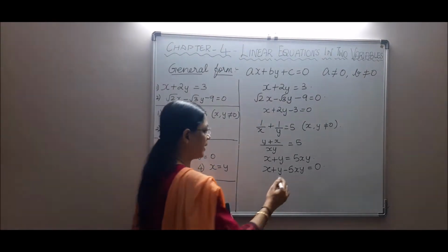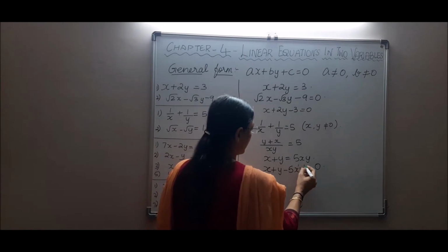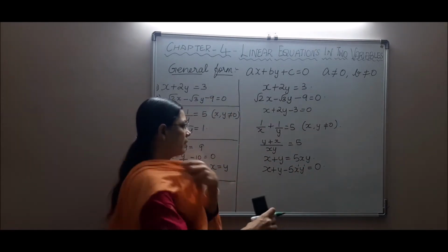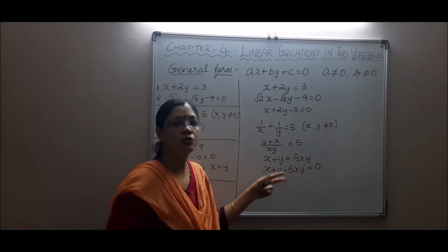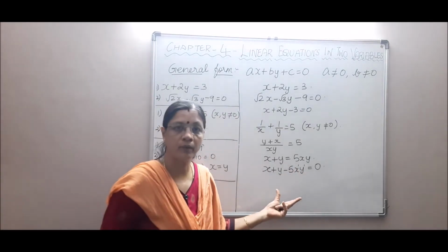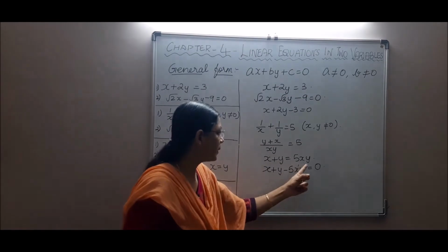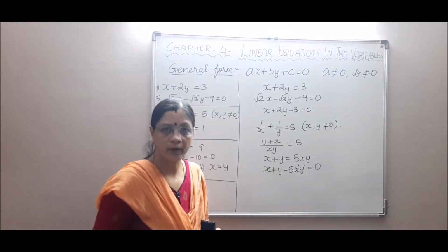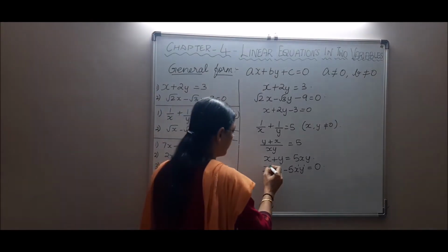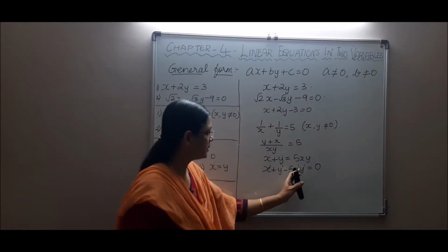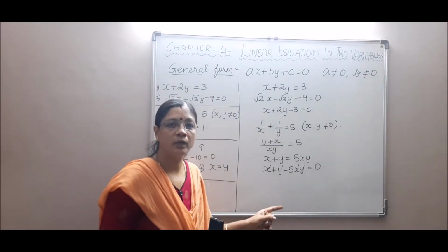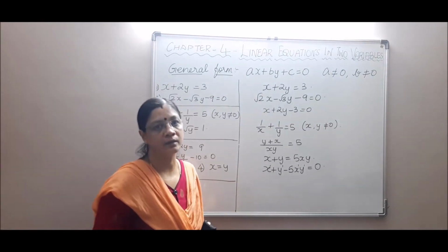Yes, perfectly right, because you have 1 plus 1, 2 here. See, the power 1 and 1. To find the degree of the polynomial, we can add the powers of variables which are in product, isn't it? So here the power is 1, here the power is 1. See, 1 plus 1, you have 2 there. So this is absolutely not a linear equation.